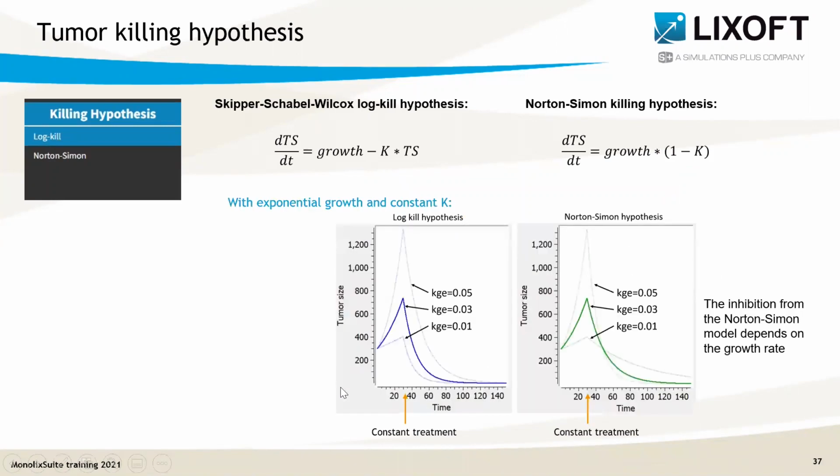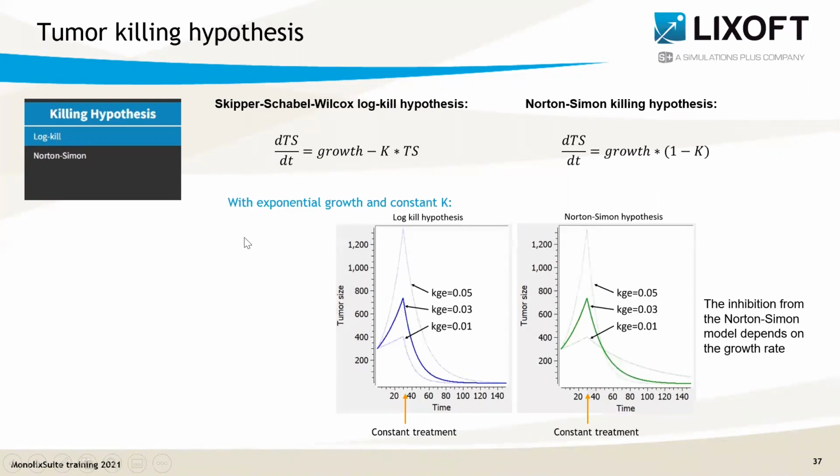For example, this figure compares the two hypotheses with an exponential growth and a constant killing term K that starts at time 30. And you see that the inhibition from the Norton-Simon model depends on the growth rate, which is indicated here with different values, while the log kill does not. So this is one of the main differences between these two hypotheses.